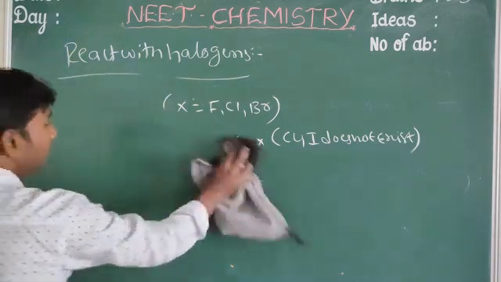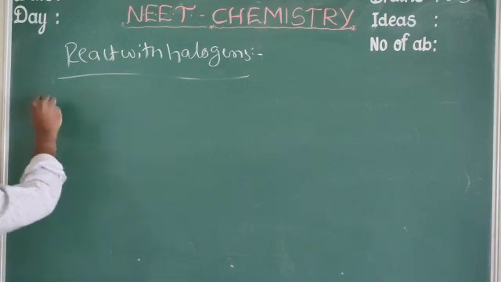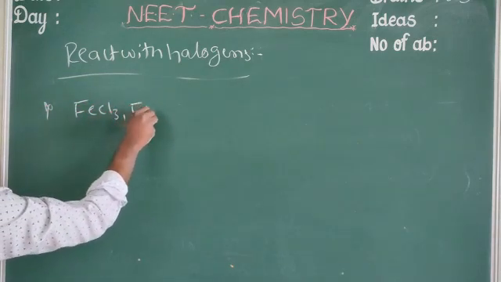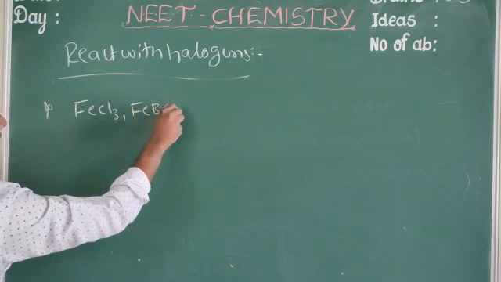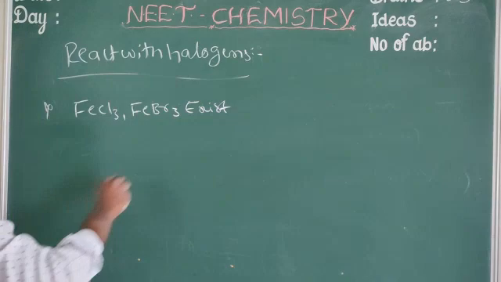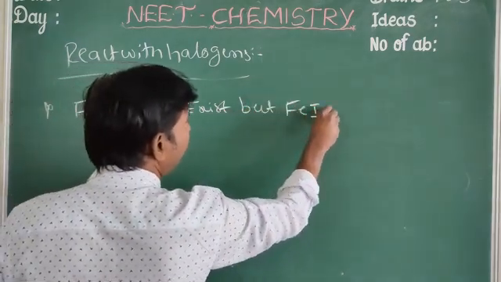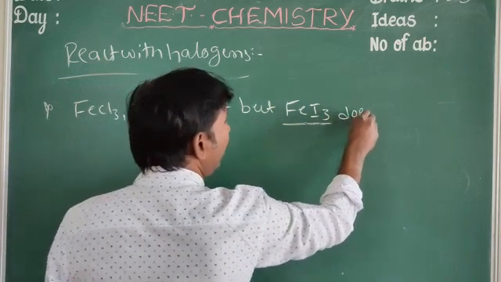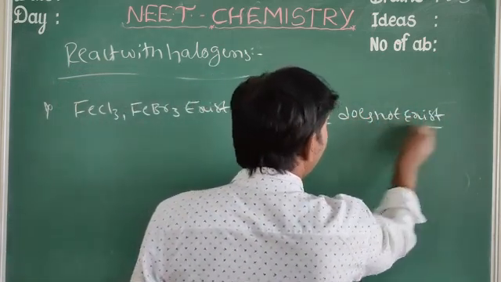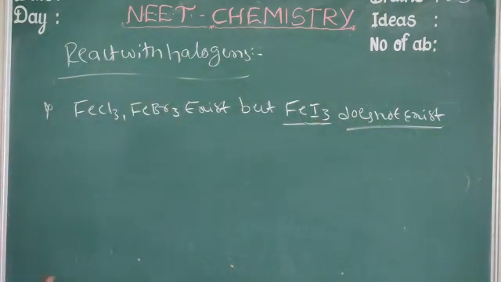Next, FeCl3 and FeBr3 exist, but FeI3 does not exist. What is the reason?